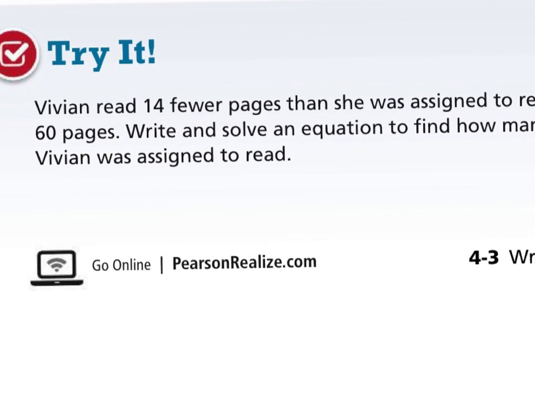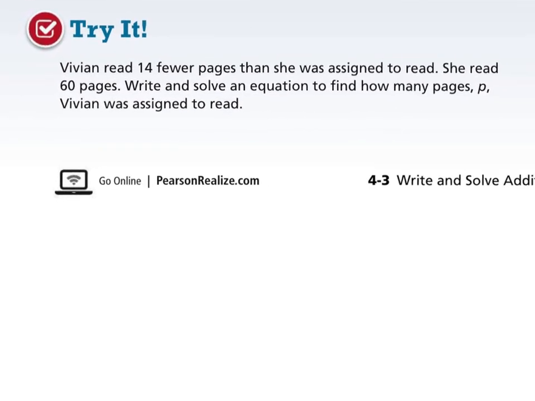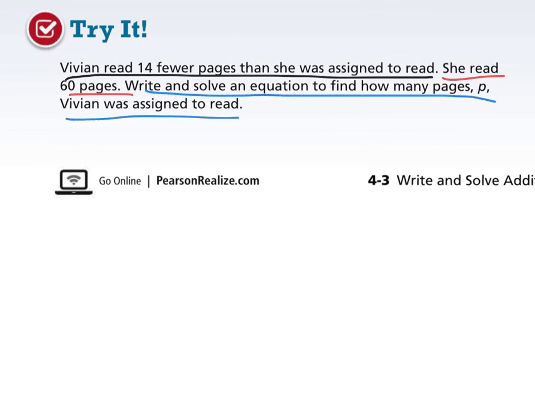If you look at the try it, Vivian read 14 fewer pages than she was assigned to read. She read 60 pages. Write and solve an equation to find how many pages P Vivian was assigned to read.